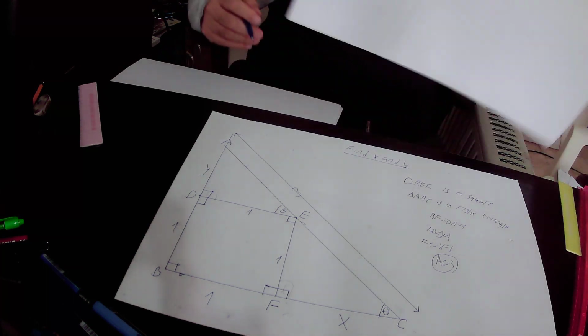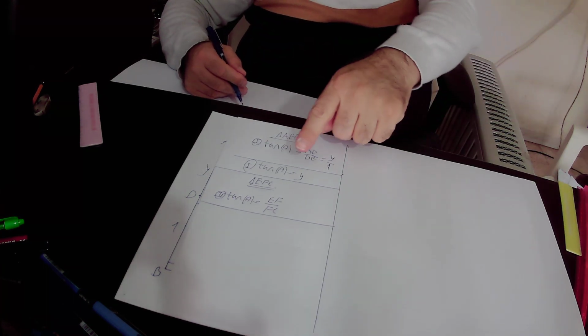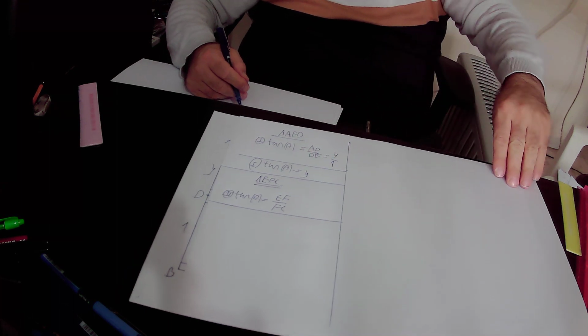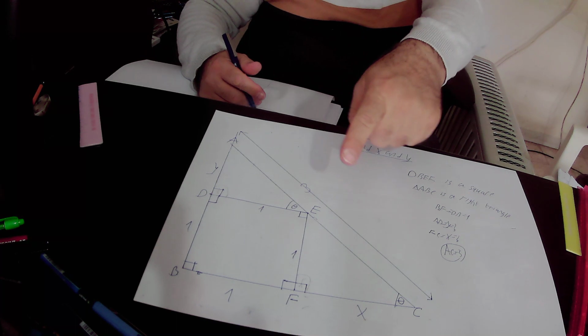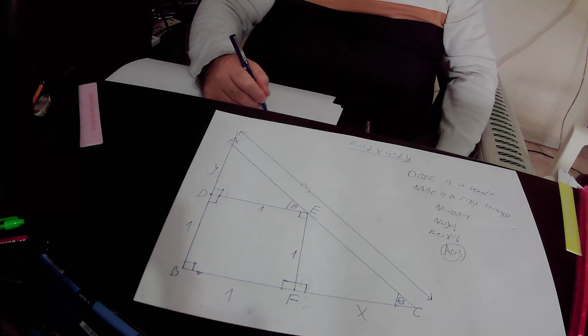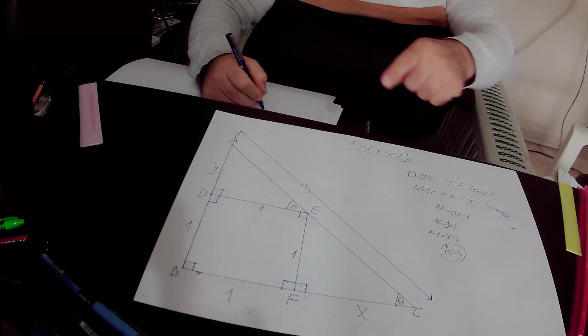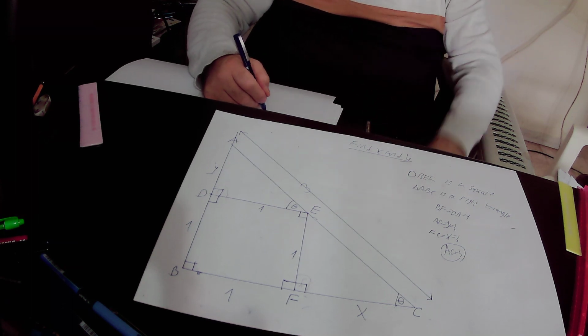I repeat again, in the right triangle, triangle EFC, tangent theta equals EF over FC. But EF equals 1 unit and FC equals X according to what is given in the question.